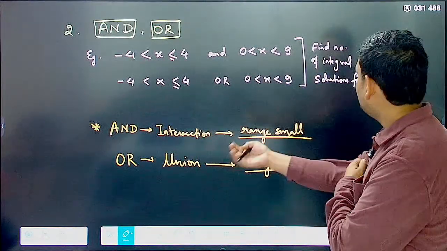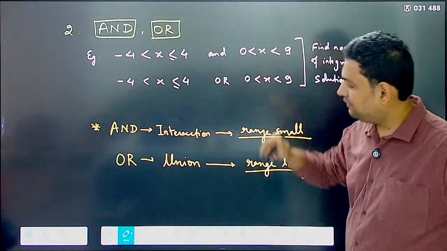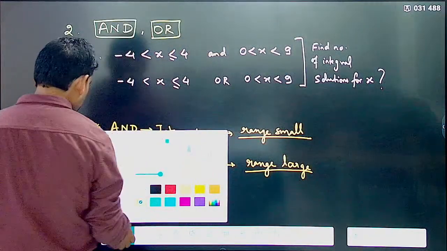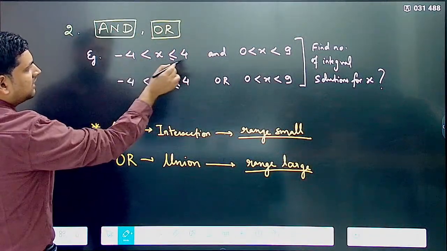How many solutions? Let's see. So I am trying for the first case. Okay. Now see. So first case, minus 4 to 4, 0 to 9.